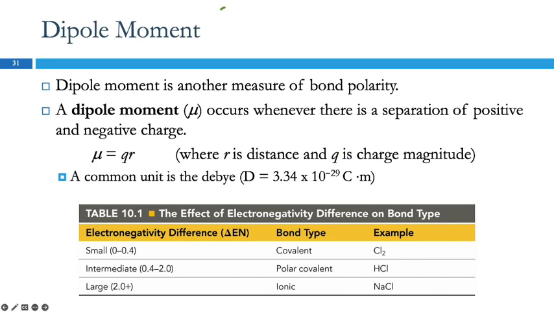If you have the same elements, oxygen and oxygen, chlorine and chlorine, what's the electronegativity difference? They're equal. So that's going to be a nonpolar bond, right? If it's the same two elements, then it's a nonpolar bond.